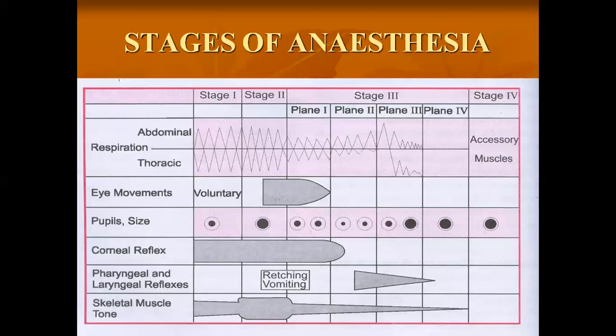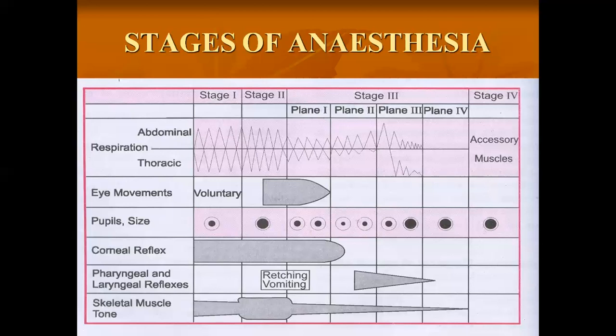Struggling, increased tone of skeletal muscles, retching, and vomiting are the undesirable features of this stage. They can be minimized by proper pre-anesthetic medication and rapidly increasing concentrations of anesthetic agents.